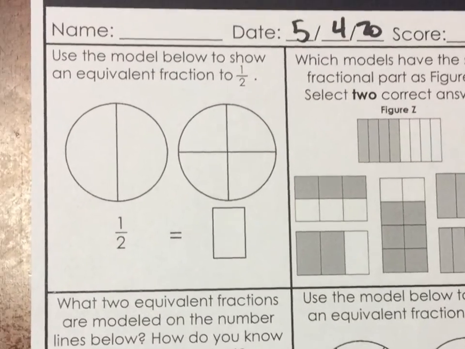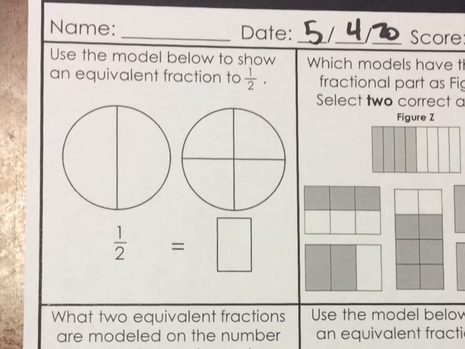So I'm going to go ahead and zoom in. I'm going to get my lightsaber because I like the lightsaber. There we go. It says, use the model below to show an equivalent fraction to a half. Now remember, equivalent means what? Equivalent means equal to, right? So they already have this drawn for you.